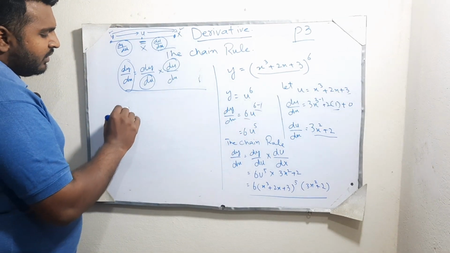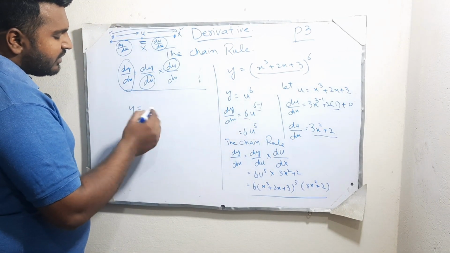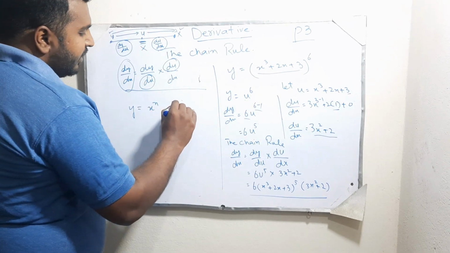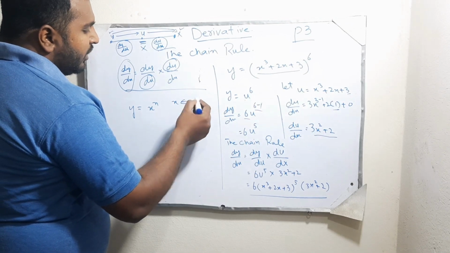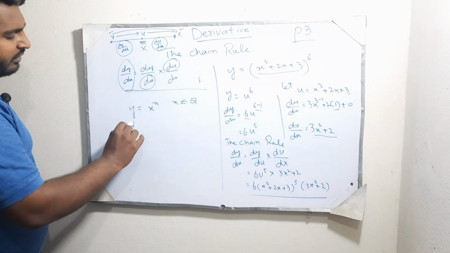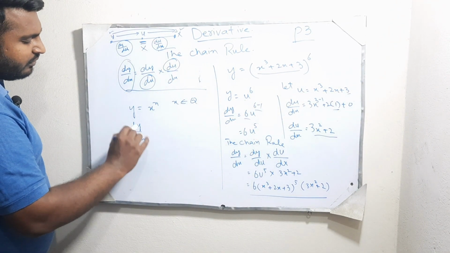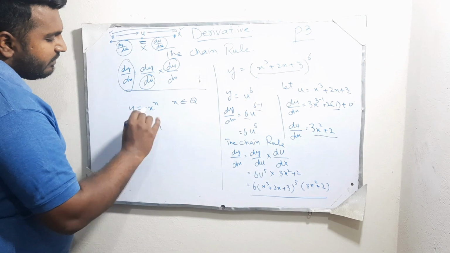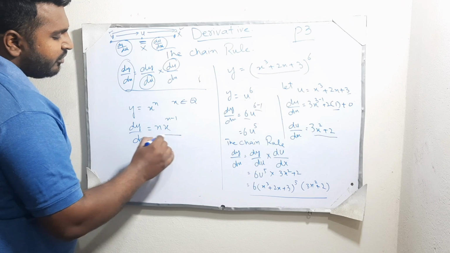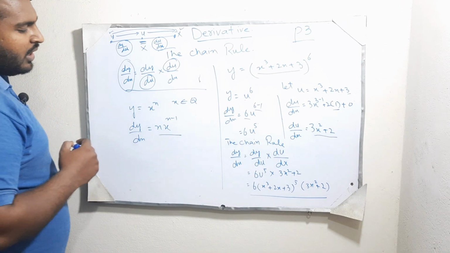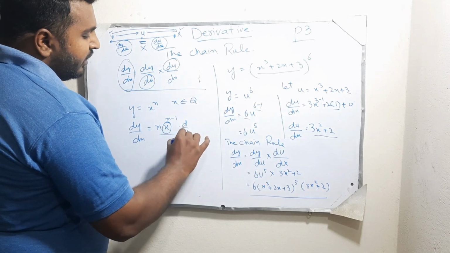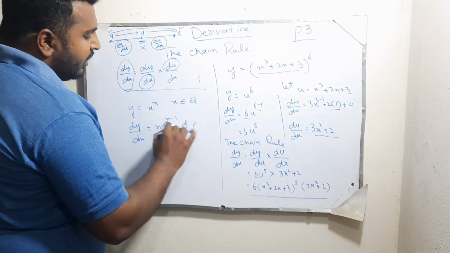called the power rule. It is like if we have an expression y is equal to x power n, where n belongs to rational numbers, then the derivative of y with respect to x would become: the power multiplies here, and from the power 1 would be subtracted, and if there is anything other than x, then we will differentiate again with respect to x.